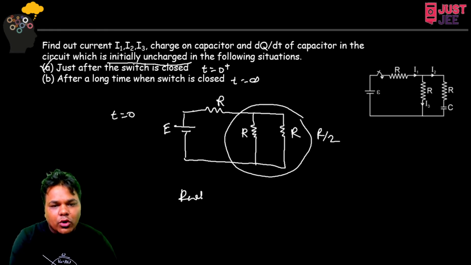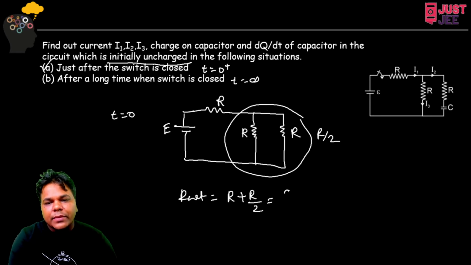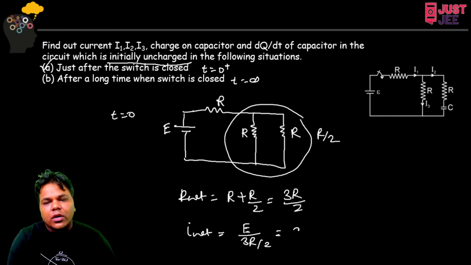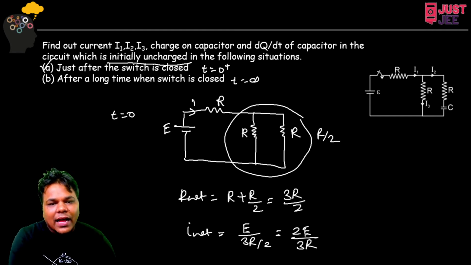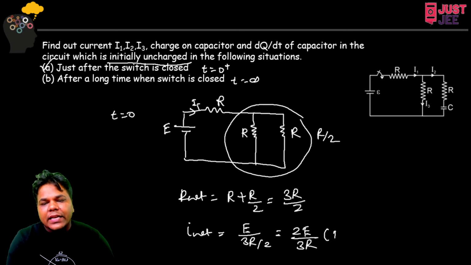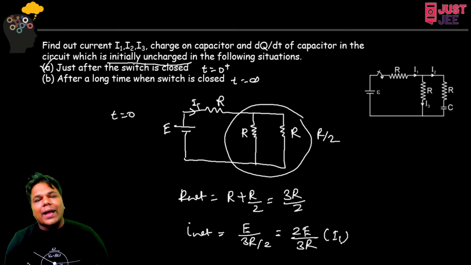So what is the value of R net? It is R plus R by 2, that means 3R by 2. What is the net value of current? It is E divided by 3R by 2, that means 2E divided by 3R. So the current passing through the battery is I1, and we can say I1 is 2E divided by 3R.